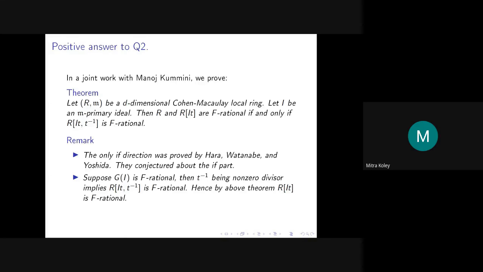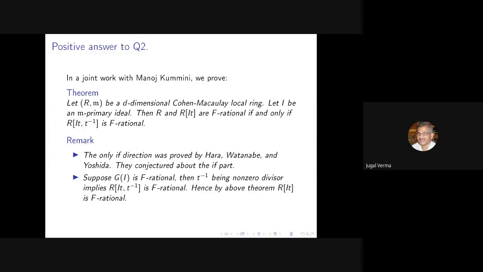There are examples, I think by Khoury, which show that if R is regular and I is not m-primary, then the Rees algebra is not F-rational. There are theorems about the Cohen-Macaulay property of the Rees algebra for non-m-primary ideals, but for F-rationality I don't think there are conditions.